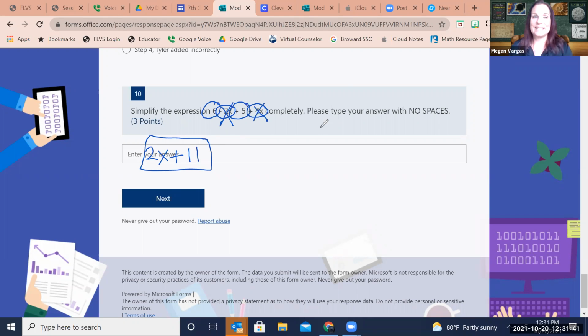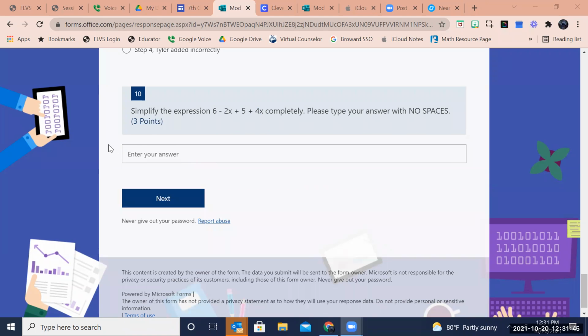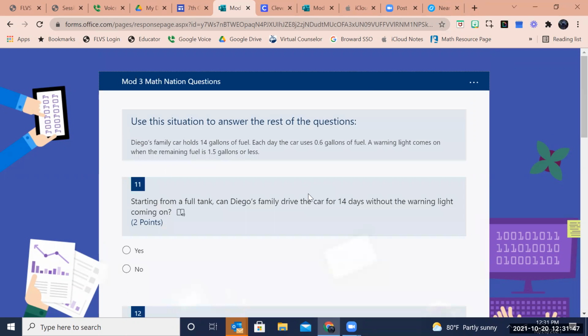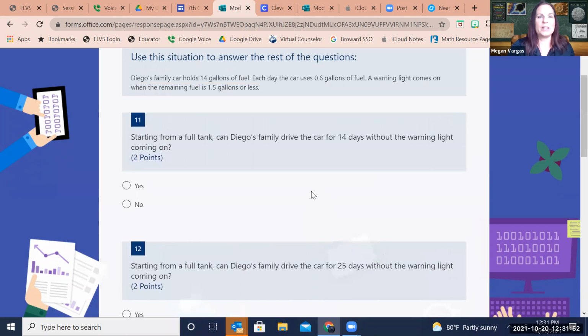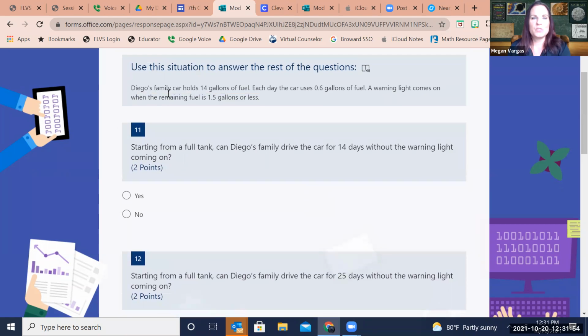All right, we're almost there. 4 more, you guys. Starting from a full tank. Oh, wait, I need to read the situation. Diego's family car holds 14 gallons of fuel. Each day, the car uses this many gallons. A warning light comes on when there's only 1.5 gallons or less, right?